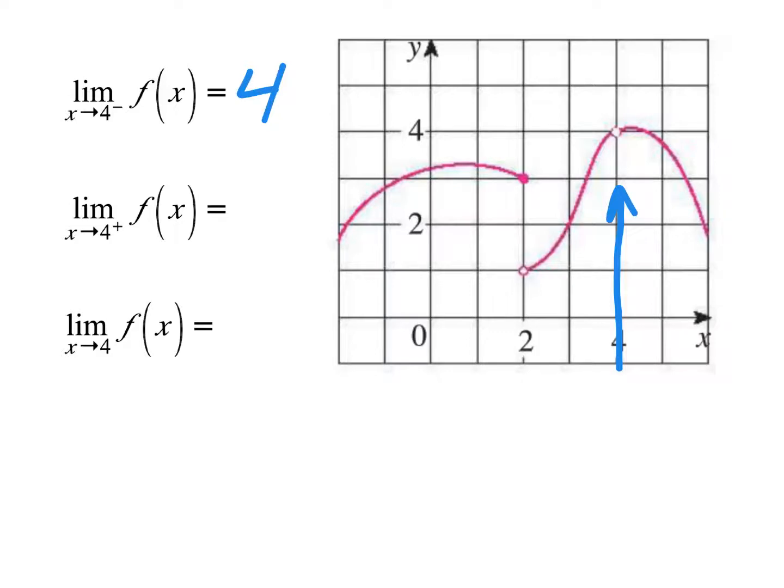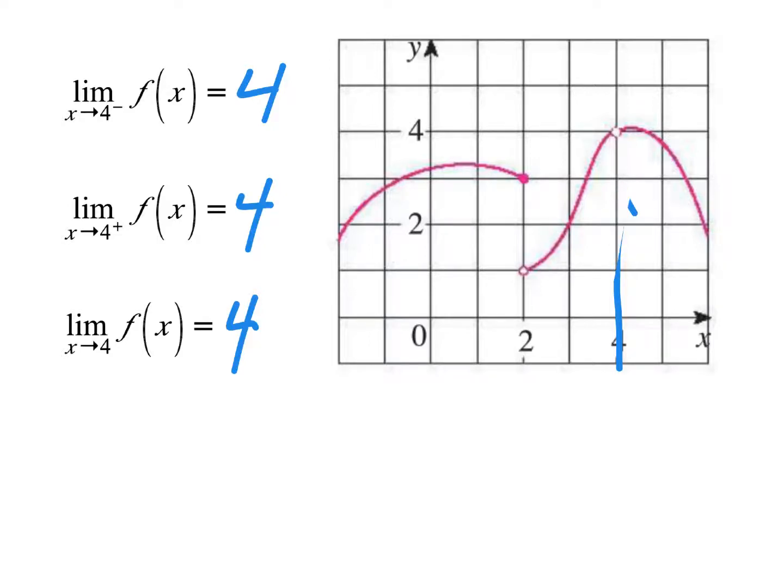What number is it approaching? It's 4, right? So that's also approaching 4. And so when we take a look at that last question, what is the limit as x approaches 4 from both sides? It is approaching 4 because it actually is reaching the same thing.